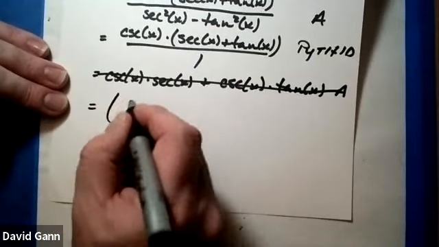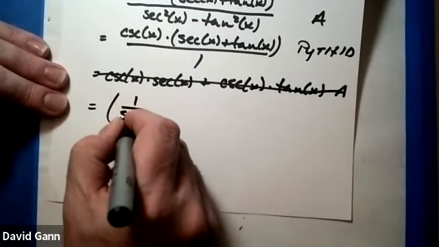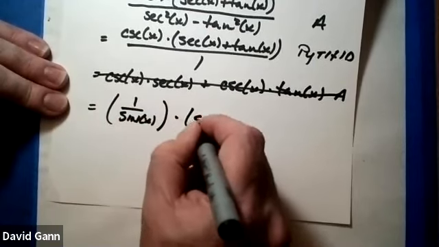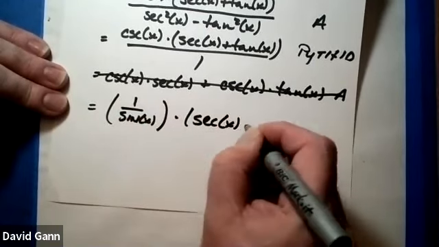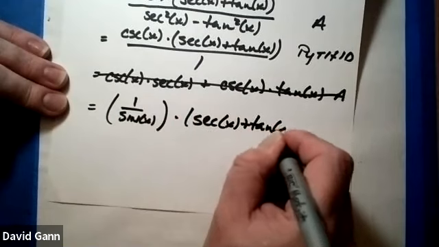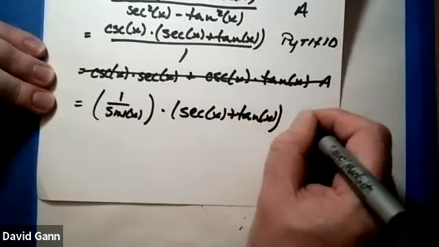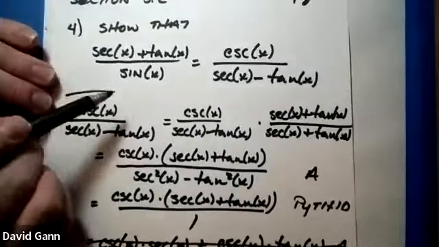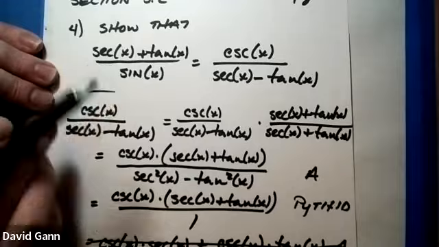And we're left with this substitution: 1 over sine of x times secant of x plus tangent of x. And this is a reciprocal identity, right? This is starting to look an awful lot like the left-hand side.